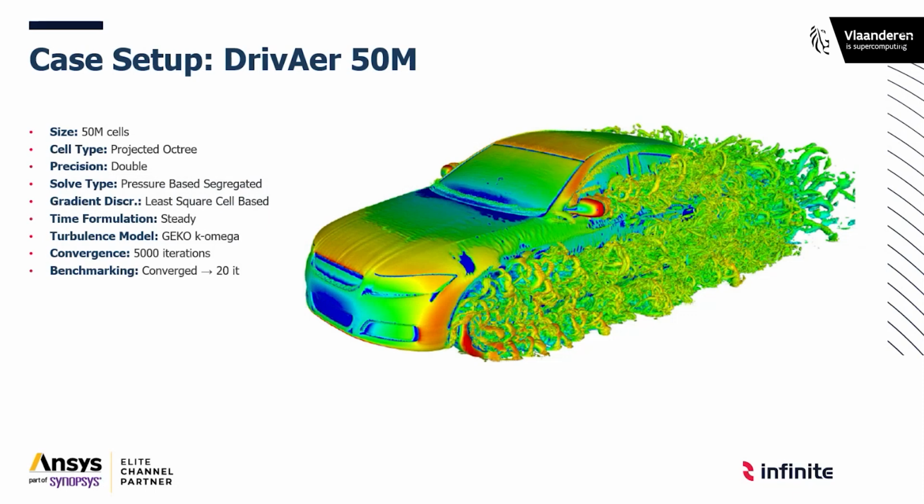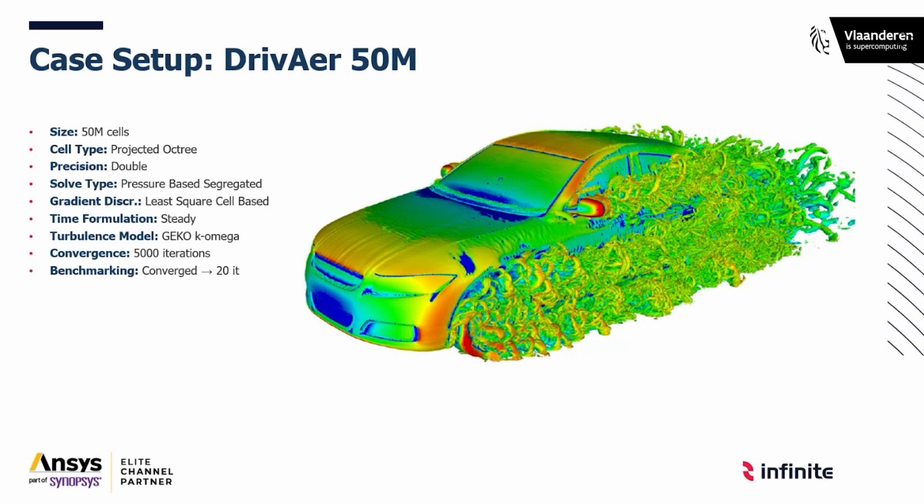Okay, so I explained my workflow at the VSC, and this workflow I used to perform my benchmark case. I have done one myself from an Ansys benchmark case, which is publicly available to all customers to test. It's the Drivaer 50 million cell case, which uses the octree meshing technology. I ran double precision just to get a more honest comparison between CPU and GPU for the same accuracy.